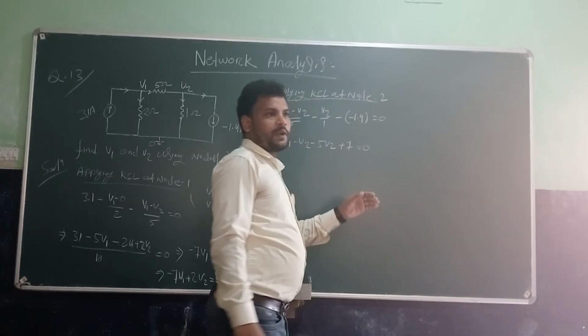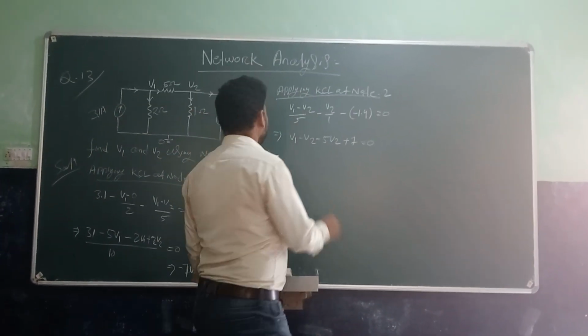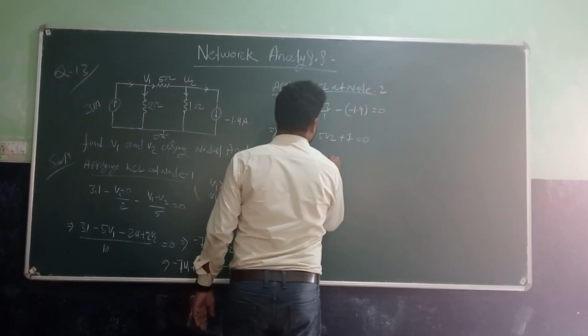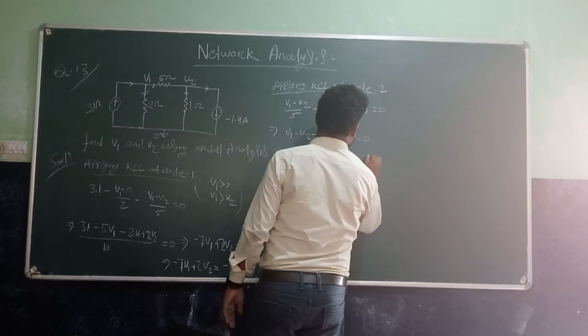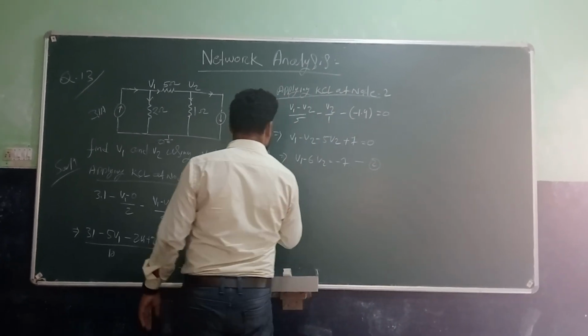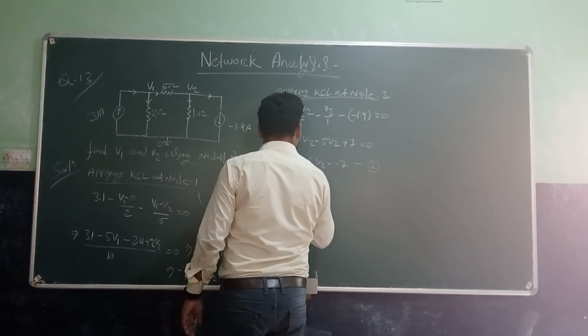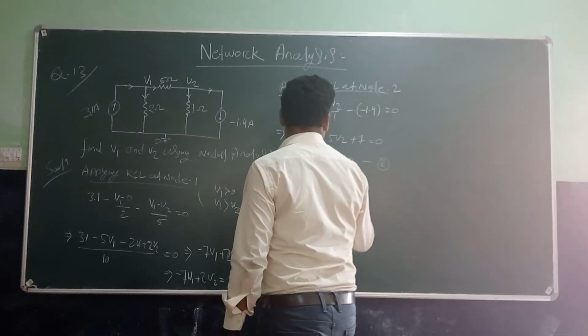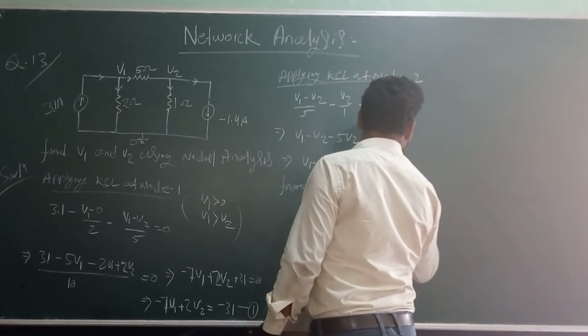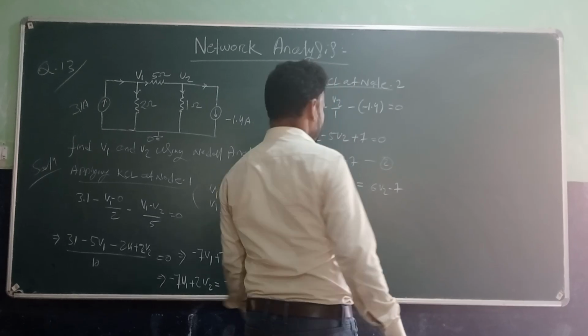Okay. 1.4 into 5 plus 7, which gives V1 minus 6V2 equals minus 7, equation 2. Okay. From equation 2, I can write V1 equals 6V2 minus 7, yes or no?